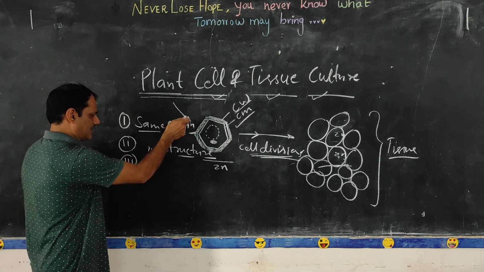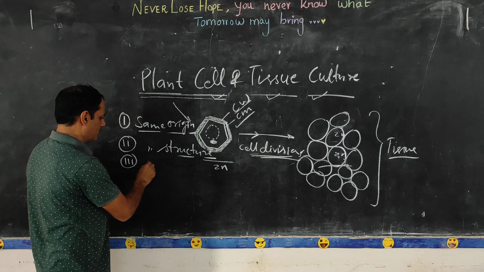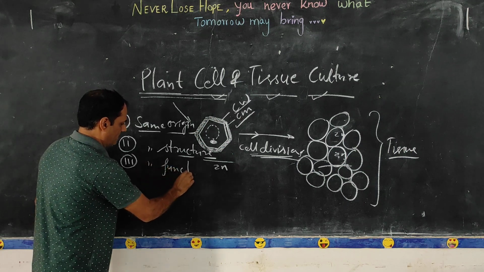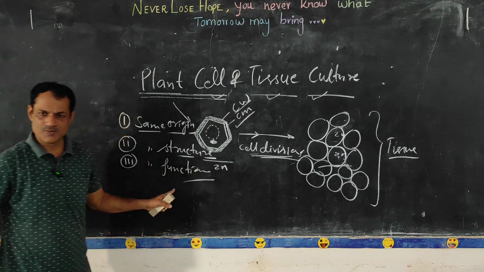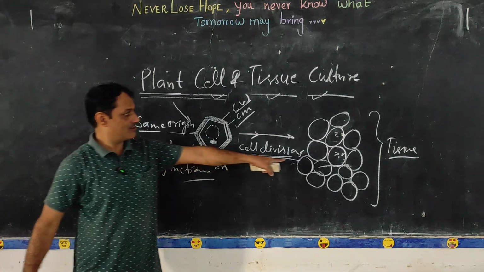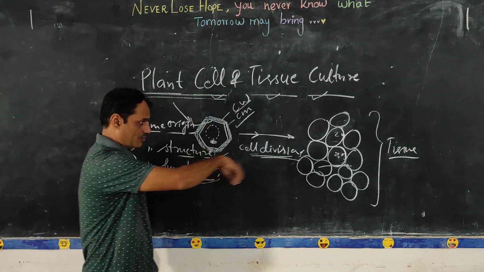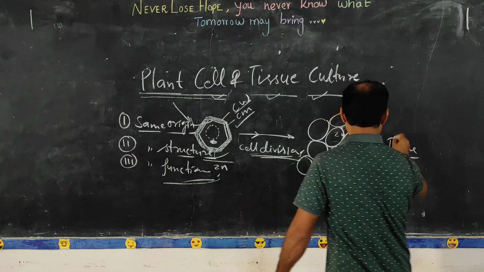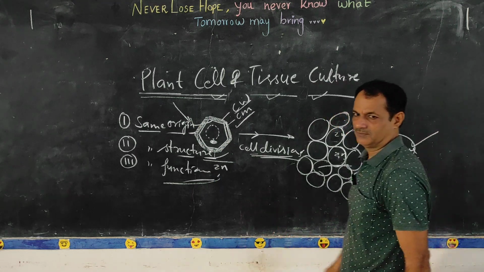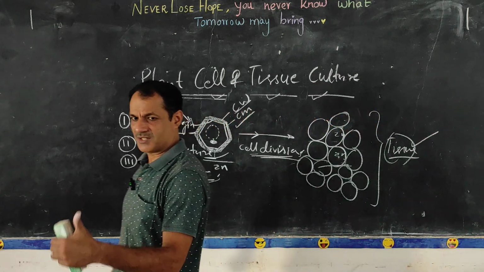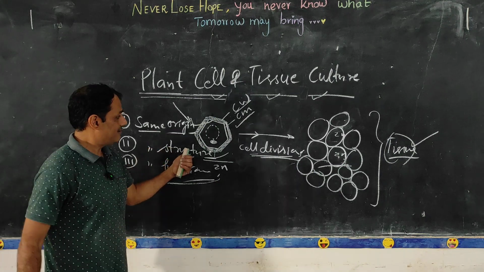Since these are of the same origin and structure, they will perform the same kind of functions also, right? So a group of cells of the same origin, same structure and same functions are now called tissue. Got the point? You understand the difference between cell and tissue?